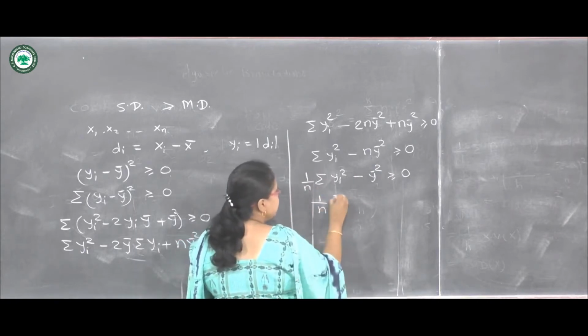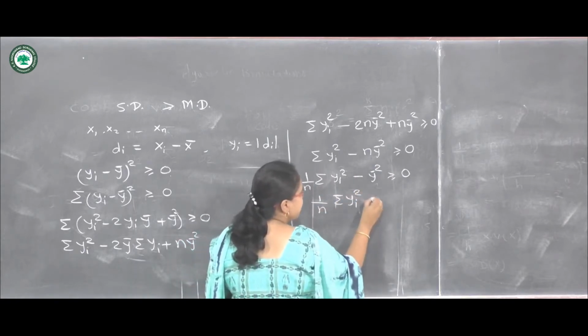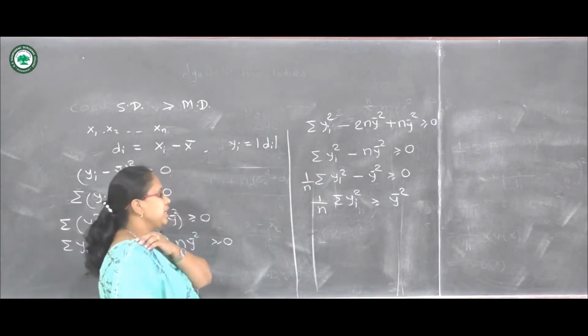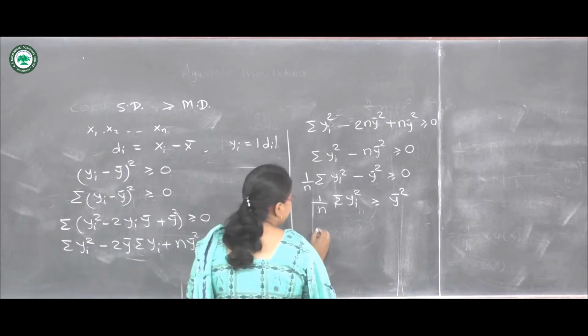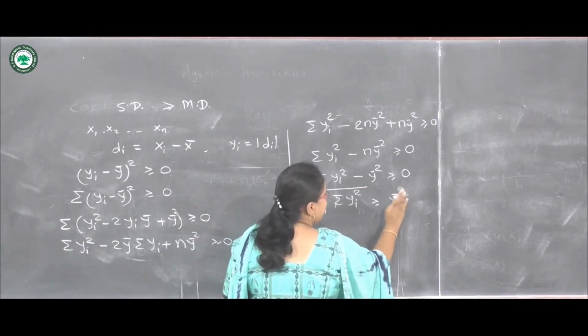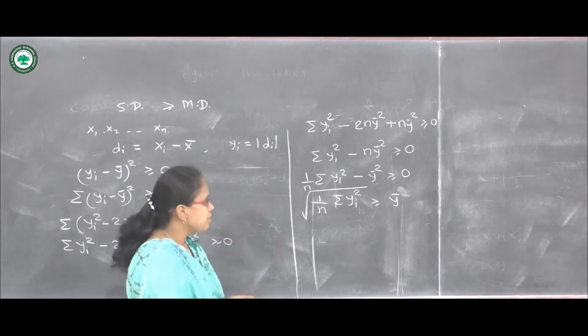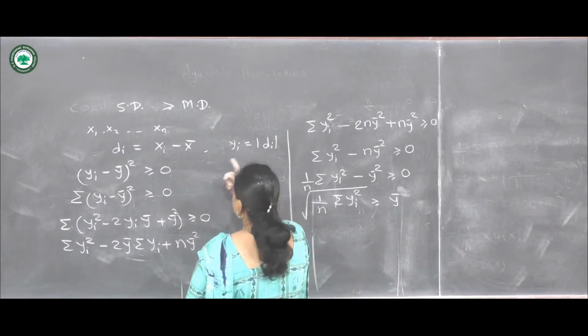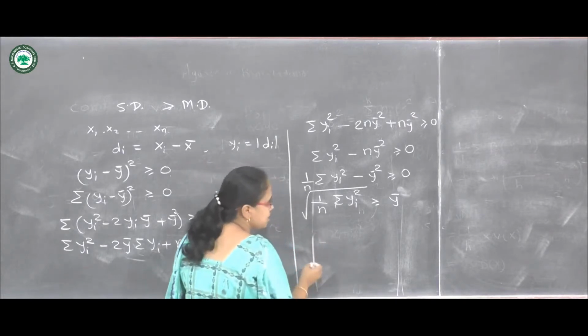So 1 upon n summation yi square is greater than y bar square. Mathematically we can prove this. Then if we take square root on both sides, we will have this. Now substitute the value of yi, which is modulus of di, meaning xi minus x bar.